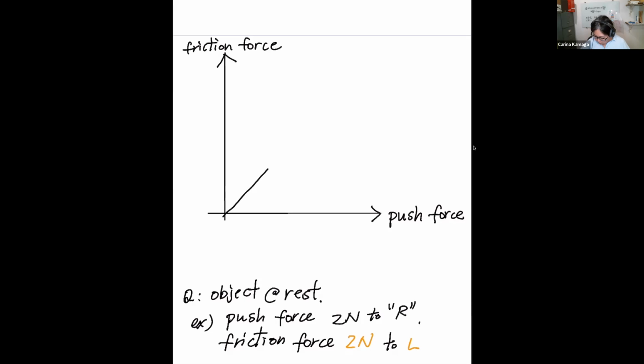As you increase the push force, the friction force also increases linearly, equal to each other. But at one point, if you exert enough push force, you're going to break the bonding between the two surfaces, then the object starts sliding.